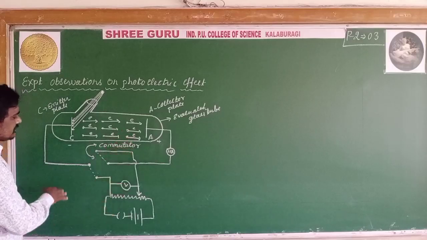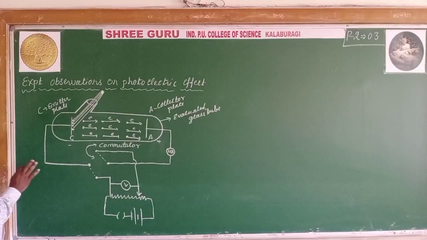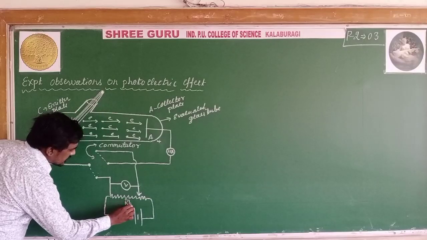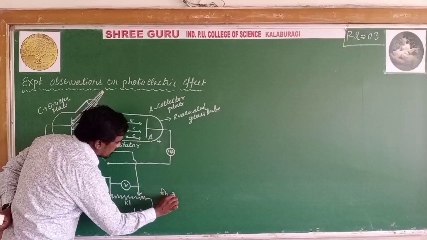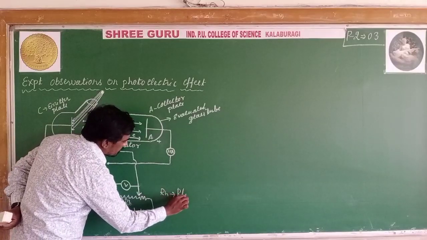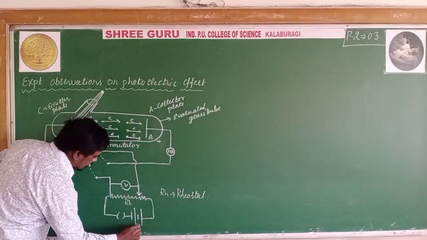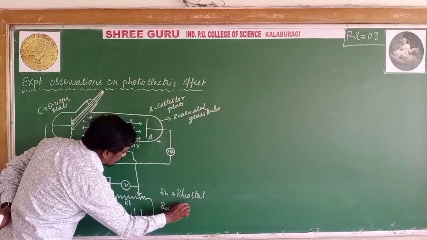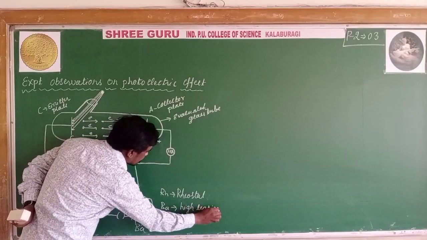On this device we see the current variations. This we call a rheostat, RH means rheostat, and this is the battery, the high tension battery.